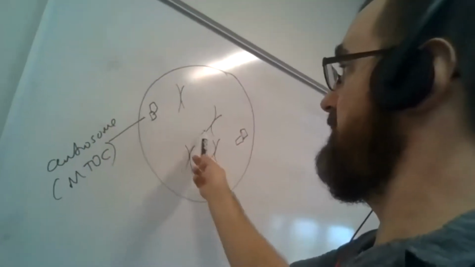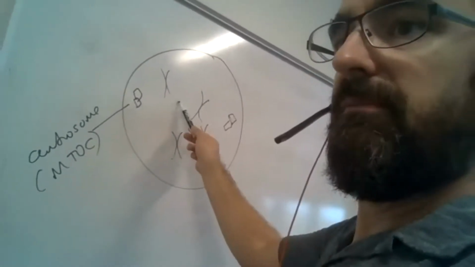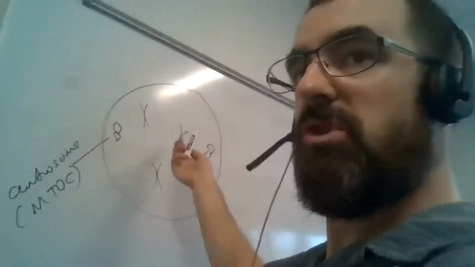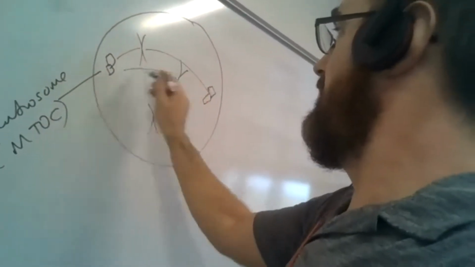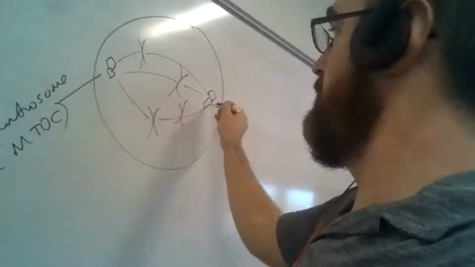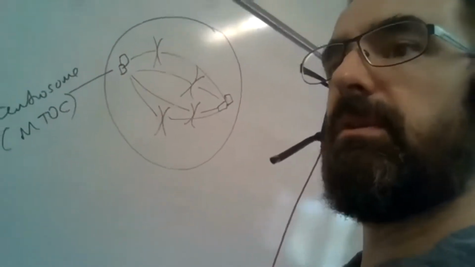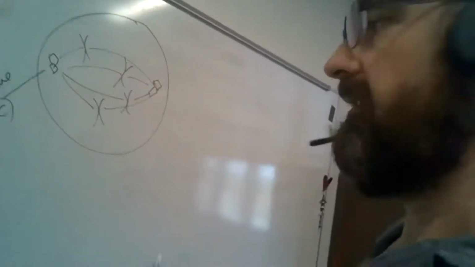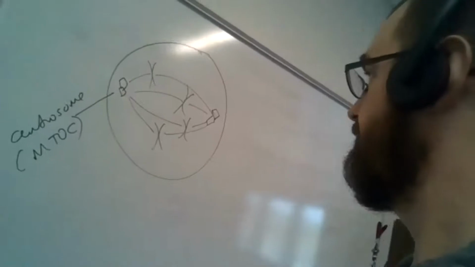These are individual chromosomes. These are sister chromatids, because you have two copies of the same thing. And these are going to be attached to the centrosomes by spindle fibers. Again, don't worry about the details of this because we'll be covering that in a little bit.